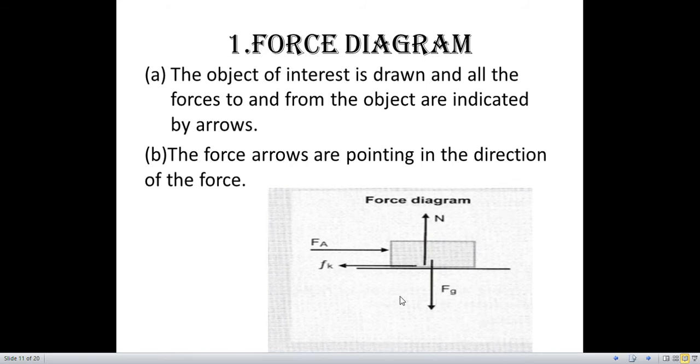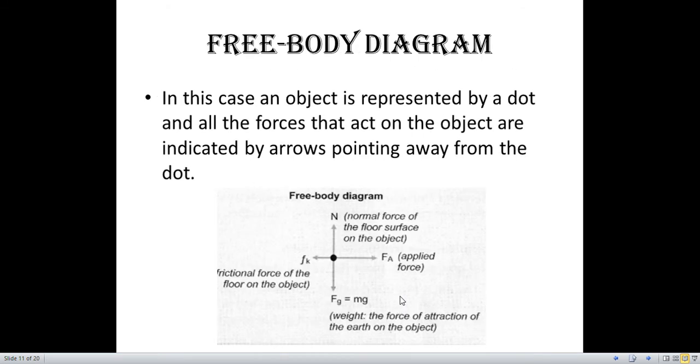And then let's look at the free body diagram. In the case of the free body diagram, an object is represented by a dot, and all the forces that act on the object are indicated by arrows pointing away from the dot.